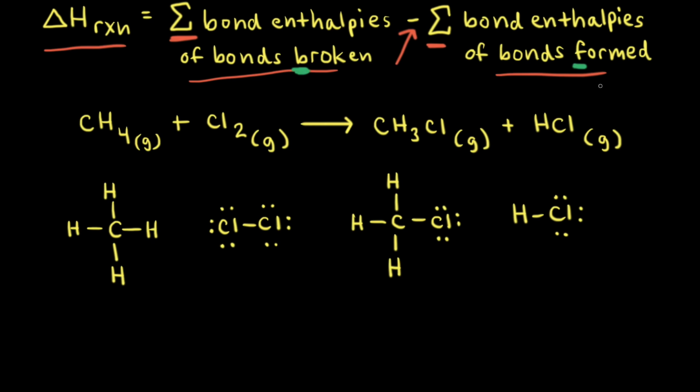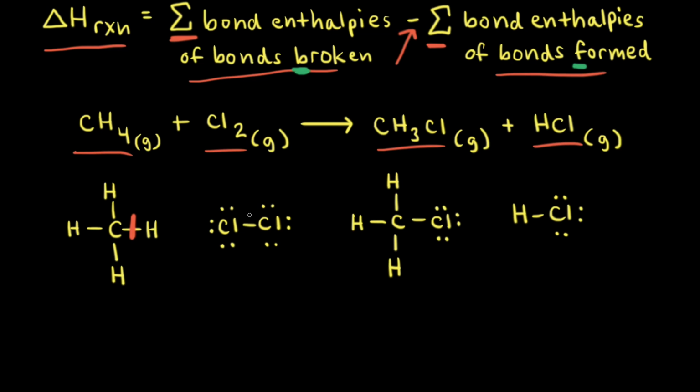Let's use bond enthalpies to estimate the enthalpy of reaction for the following reaction of methane with chlorine gas to form chloromethane and hydrogen chloride gas. It's often helpful to draw out dot structures for these kinds of problems. If we look at the methane dot structure, we would need to break 1 carbon-hydrogen single bond in order to get to our products.